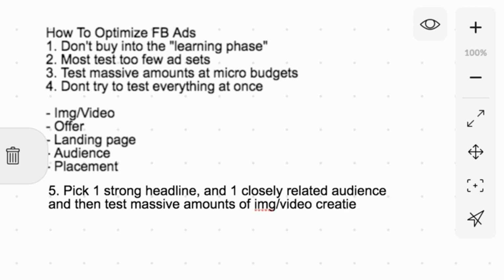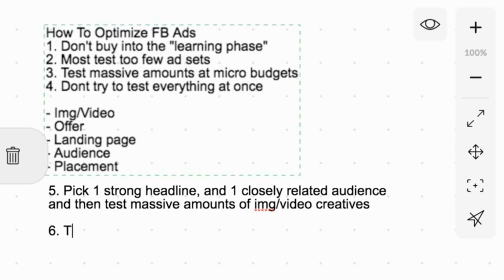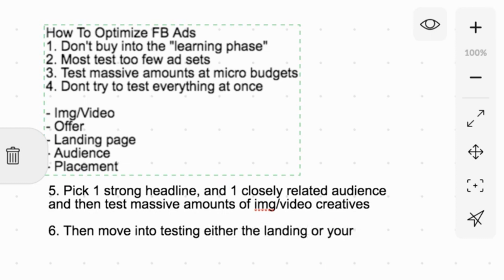Once you find a creative that stands apart from everything else, maybe it got the cheapest clicks or the cheapest conversions on the offer, then you can move on to testing something different. For example, you could move into testing either your landing page or your audience, right?